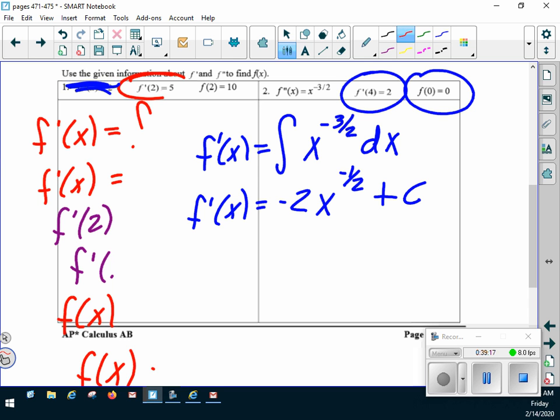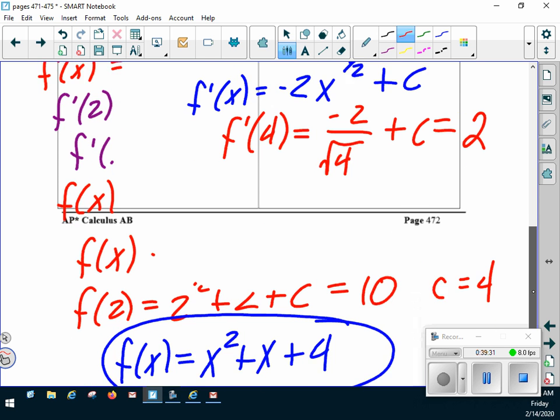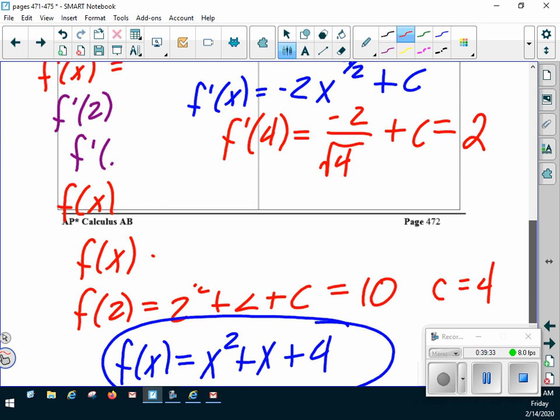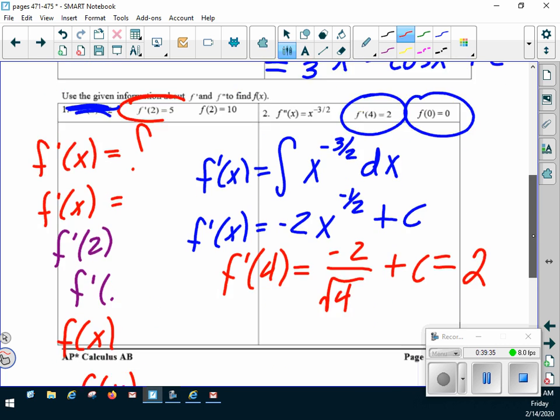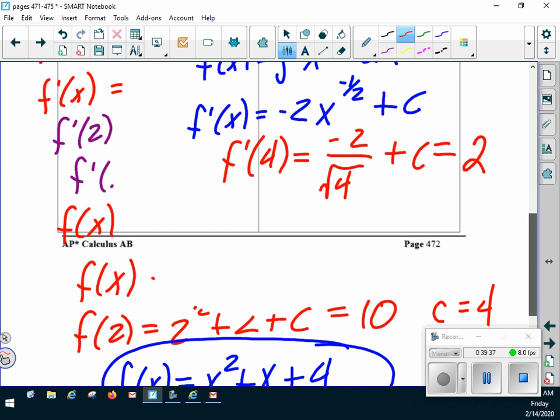All right, we are told f prime of 4. So that'll be, can we be happy doing this? Is that true? Negative 2x to the negative 1/2 is the same as negative 2 over the square root of x. Okay, so what does that give you?